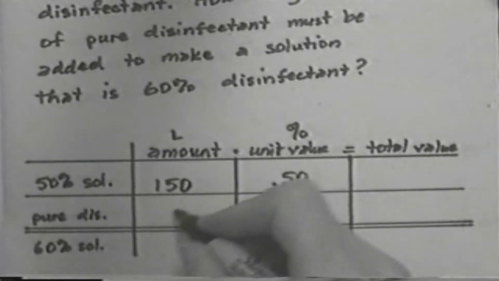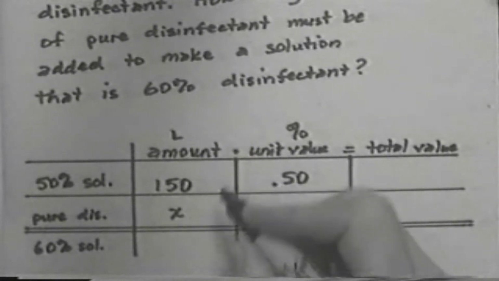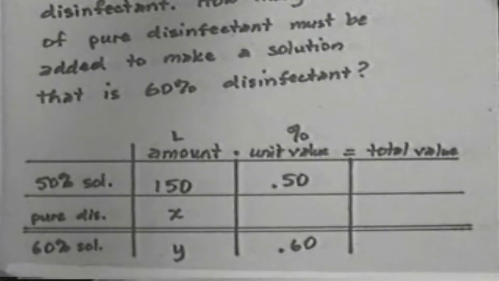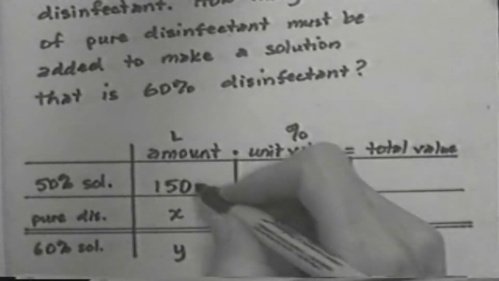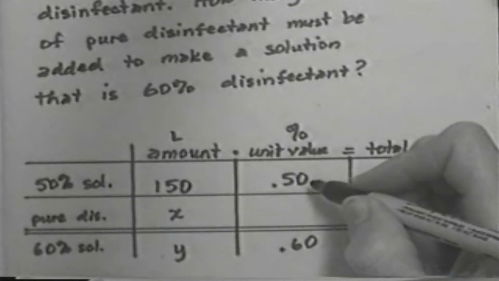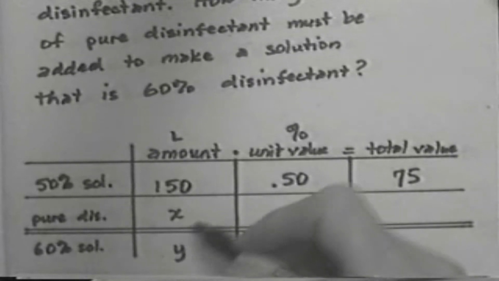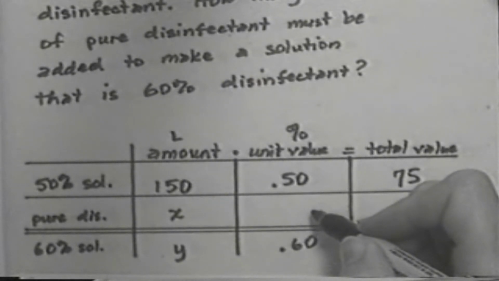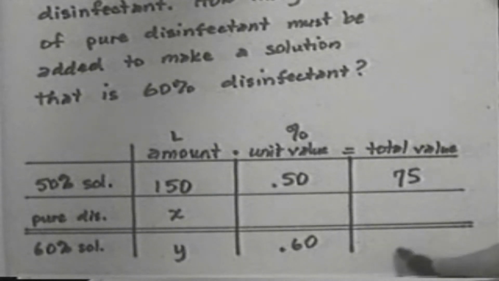Well, for the pure disinfectant, we don't know how much that is, so let's call that X. For the 60% solution, we can use Y. And then for the total value, we multiply 150 times 0.50, and we get 75. Let's go down to the next row and see what we get there. Y times 0.60 would be 0.60Y.